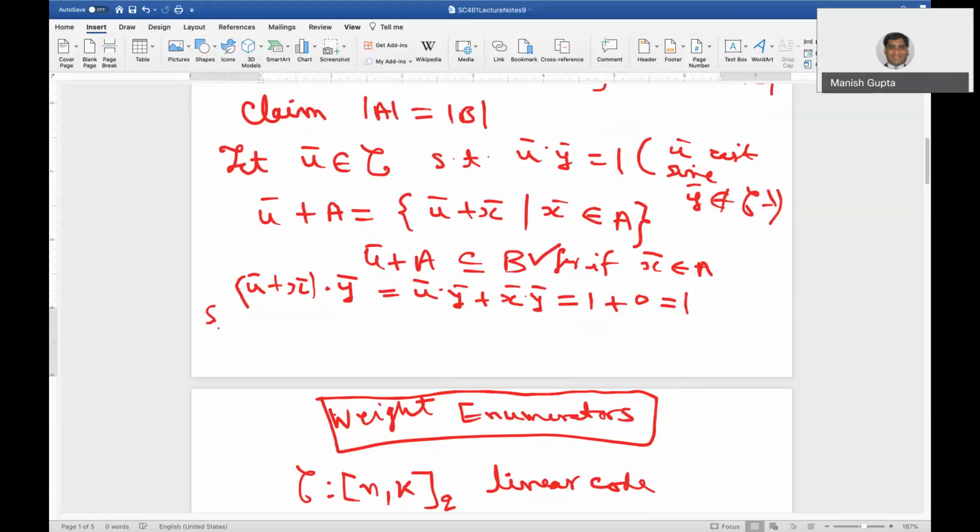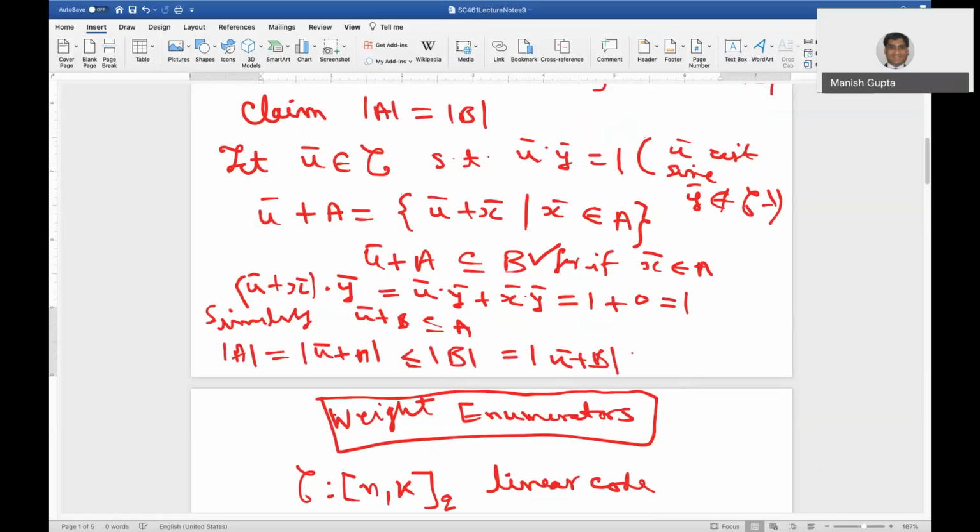Similarly, we can show that U plus B is a subset of A, and therefore cardinality of A is the same thing as cardinality of U plus A, which is less than or equal to cardinality of B, because that is a subset of B, and cardinality of U plus B is less than or equal to cardinality of A. And so cardinality of B is the same thing as cardinality of A, right?